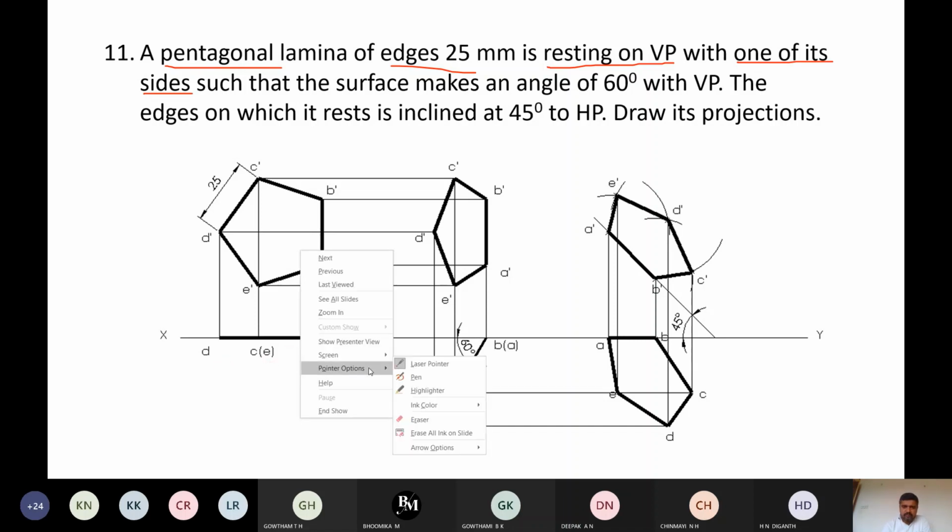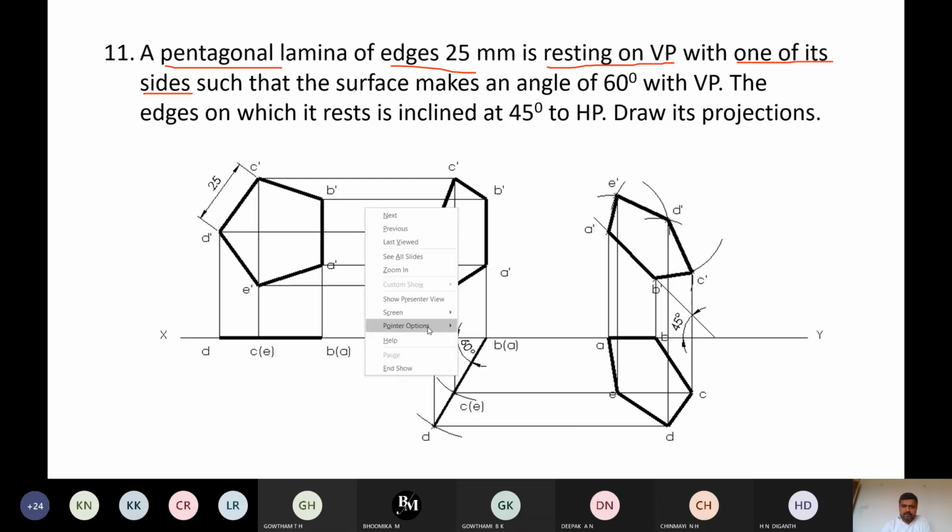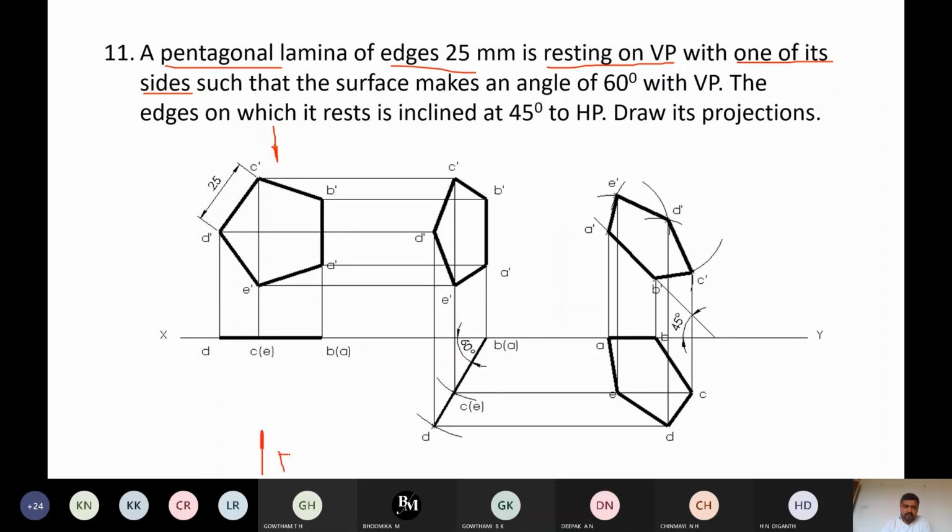So for top view, the observer position will be like this. This is the position of the observer for top view. For front view, this is the position of the observer, in all problems.